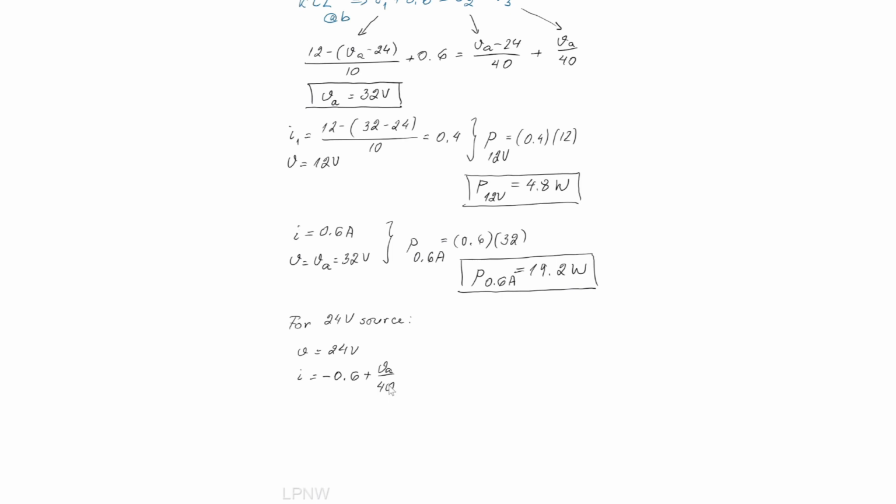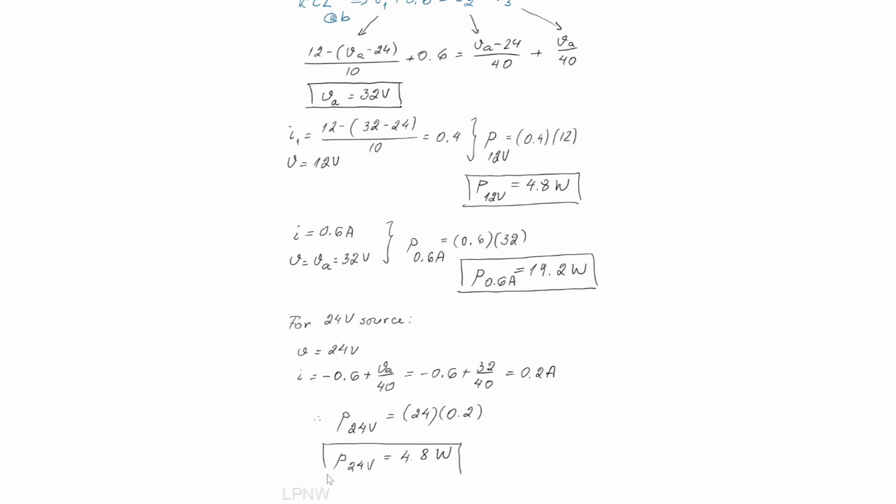Because we have the value for VA as 32 volts, we can calculate negative 0.6 plus 32 over 40, which gives us 0.2 amps. So we can calculate the power related to the 24 volt source as 24 multiplied by 0.2, which ends up at 4.8 watts.